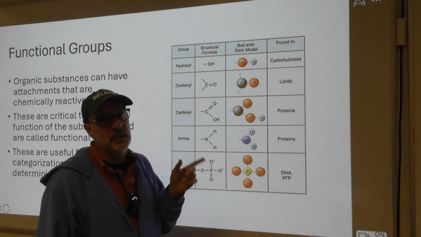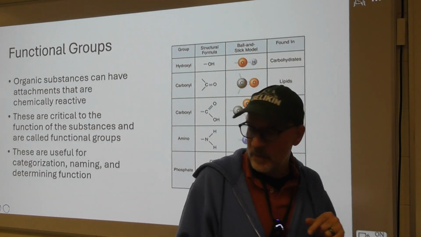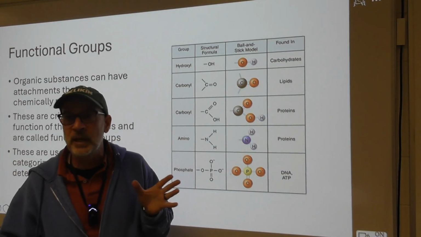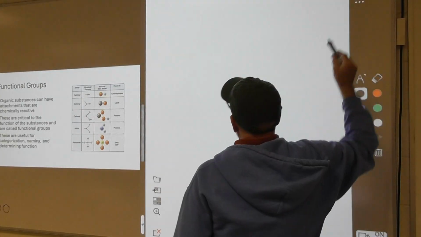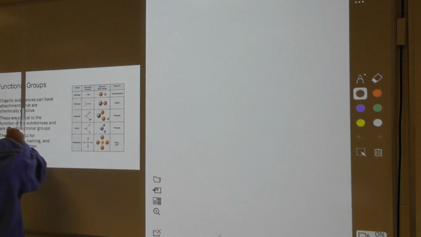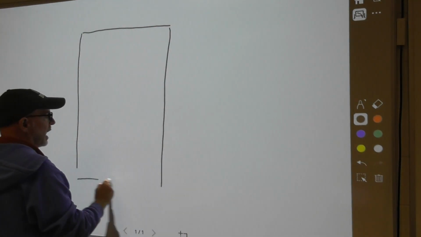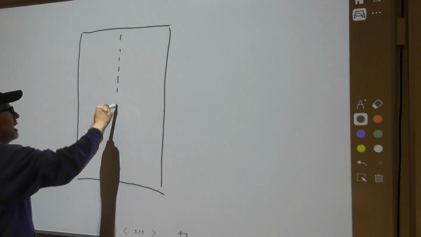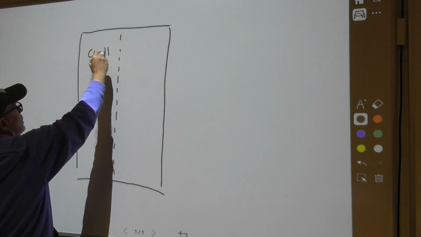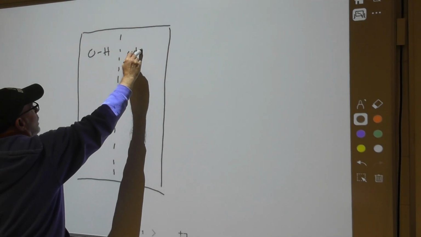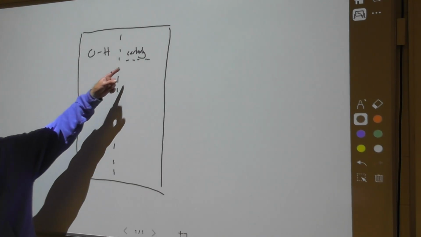The rest is you. So here's what I'm going to ask you to do, something I want you to do over the weekend. You can use the rest of your class time today to do it as well. Essentially you're going to take a sheet of paper and divide it down the middle, and you'll put the functional group here, and you will write the name of it and its function over here.